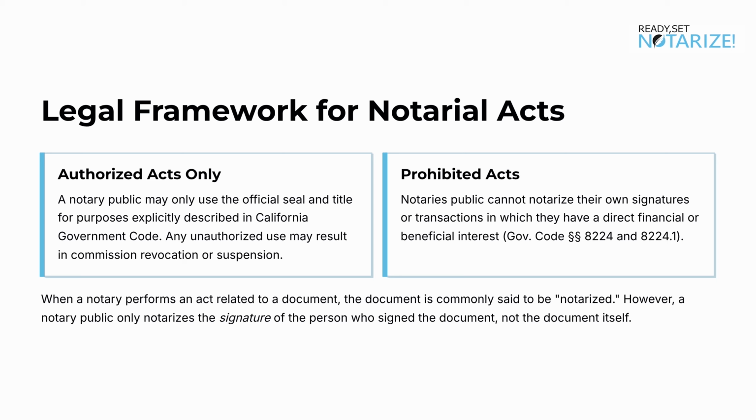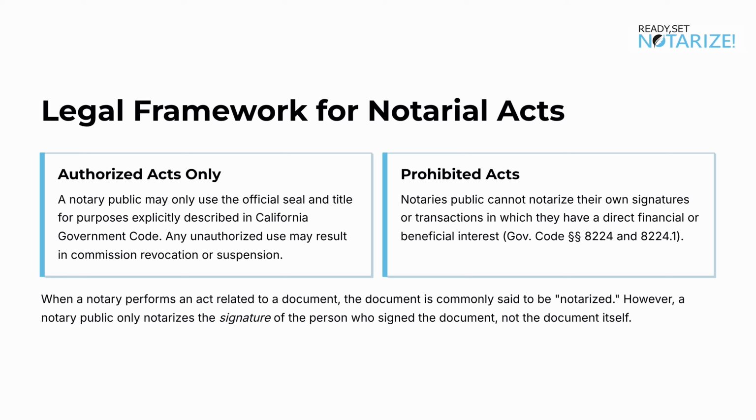Most notarial acts relate to another person signing or certifying a document. When a notary public performs an act in relation to a document, the document is commonly said to be notarized. In fact, a notary public only notarizes the signature of the person who signed the document.